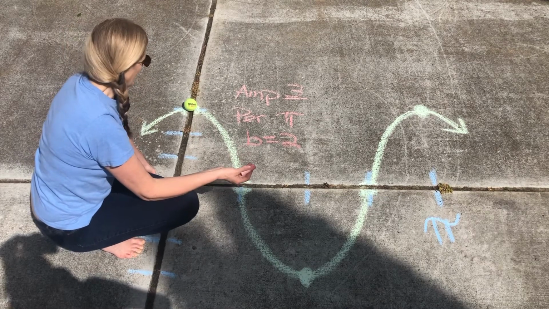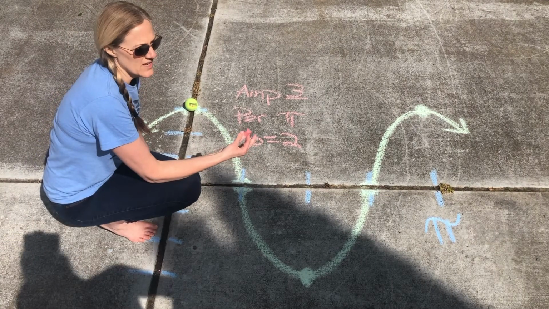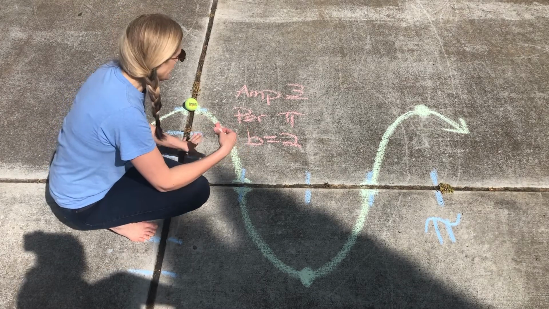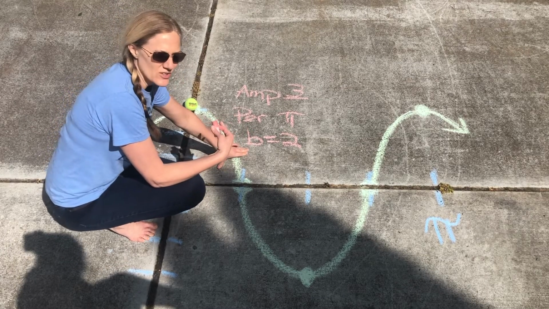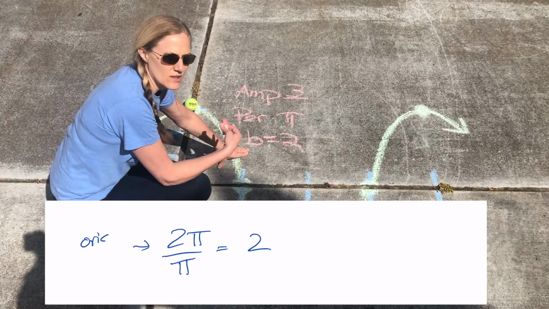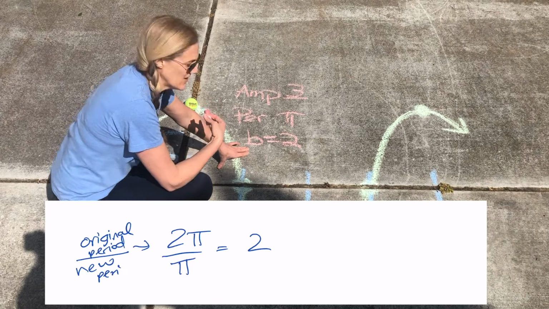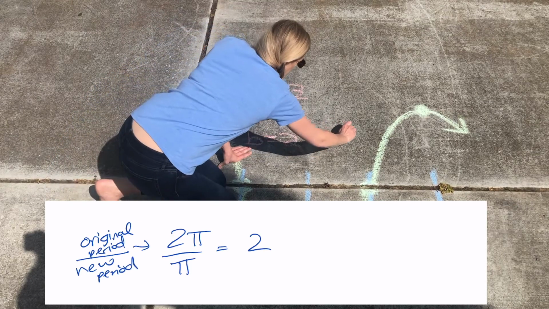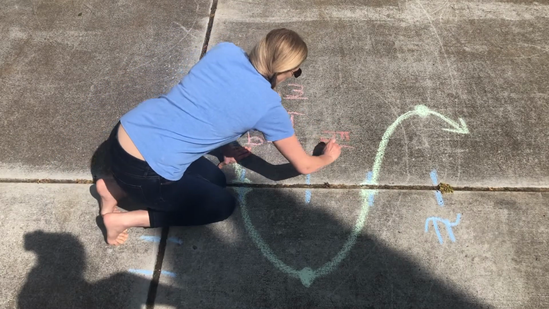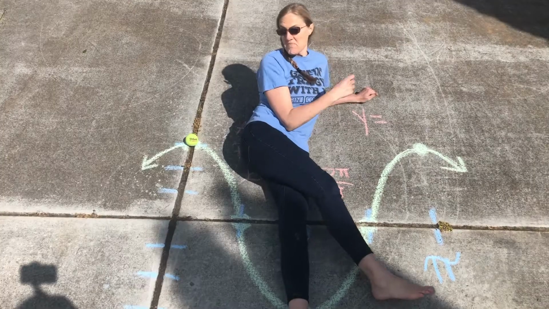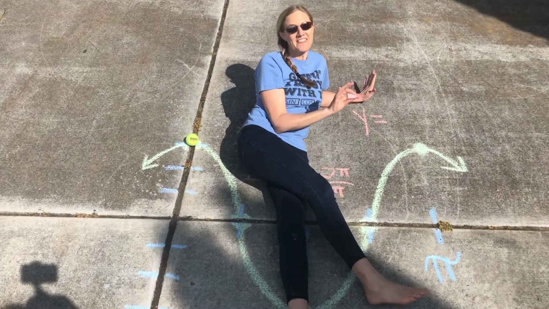The normal period is 2 pi, and my new period is pi. To find b, or the number of cycles, I could just take the original period of 2 pi and divide by my new period. So 2 pi divided by pi equals 2.